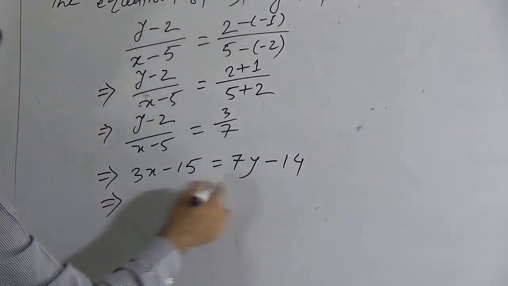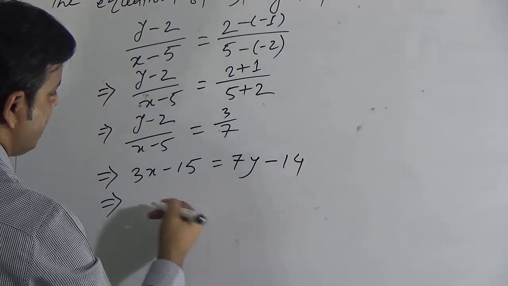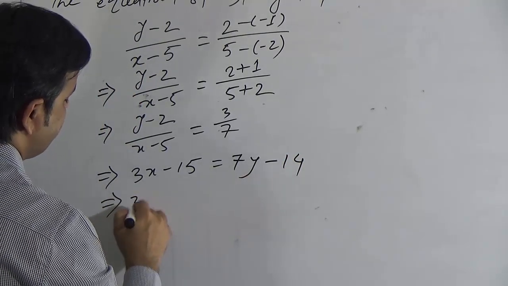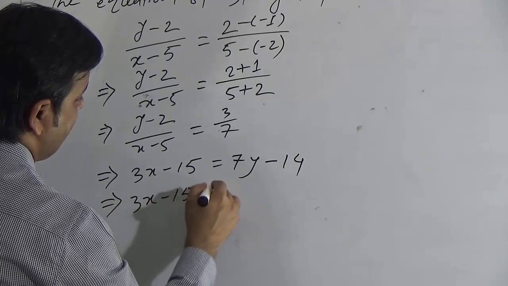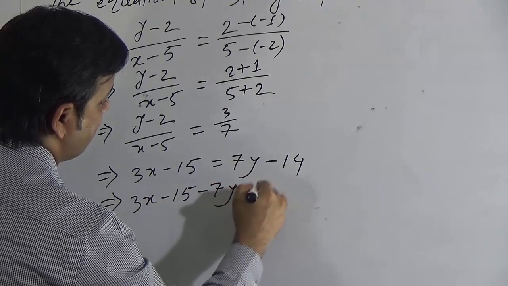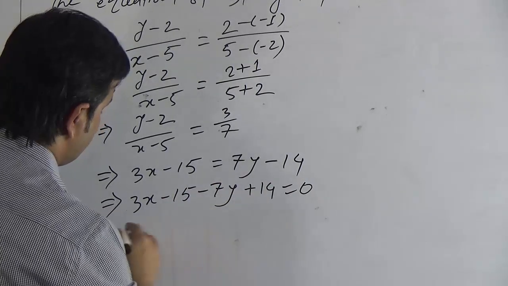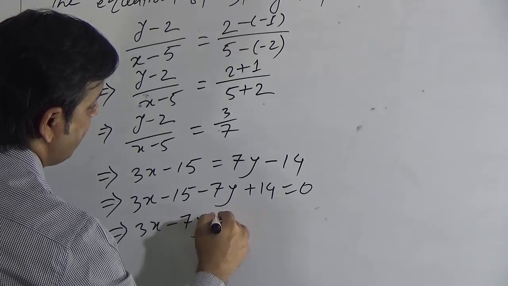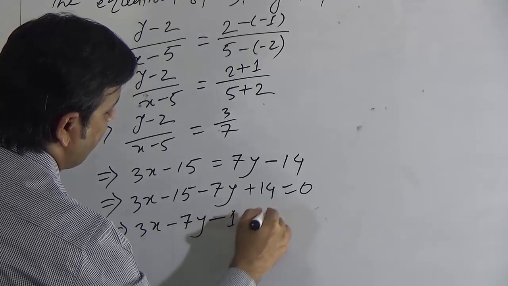Now we can determine the equation of straight line. Take 7y and 14 to the left side, you will get 3x minus 15 minus 7y plus 14 equal to 0. Then we will get 3x minus 7y minus 1 equal to 0.